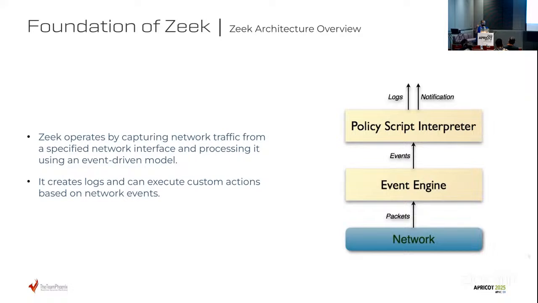How did that happen? The event engine sends an event that a connection has been established, and based on the policy script interpreter, it gives me the whole value. So we have seen in NetFlow the source IP, source port, destination IP, destination port, and so many things, packets, bytes, and so on. It also has the payload that the particular packet has during the travel from source to destination.